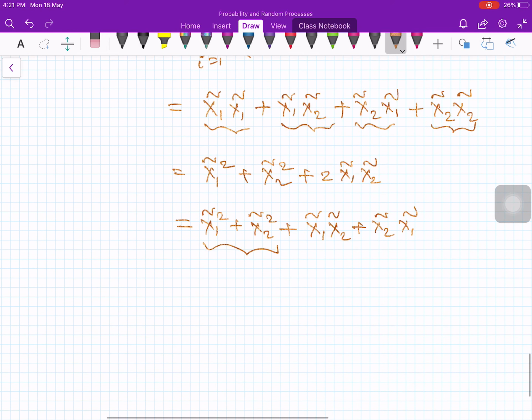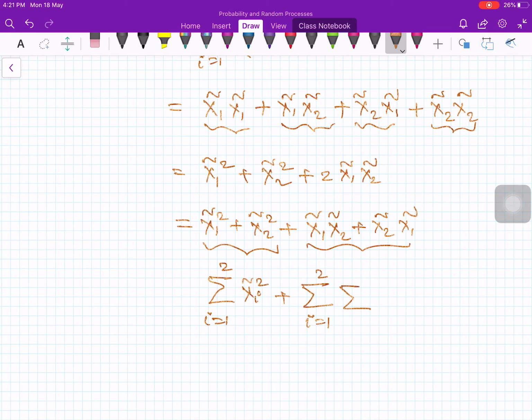So these two terms I can represent in the compact form, i equal to 1 to 2, xi tilde squared, and these two terms I can represent as double summation, i equal to 1 to 2, j equal to 1 to 2, xi tilde xj tilde, but i is not the same as j. That condition you have to remember.